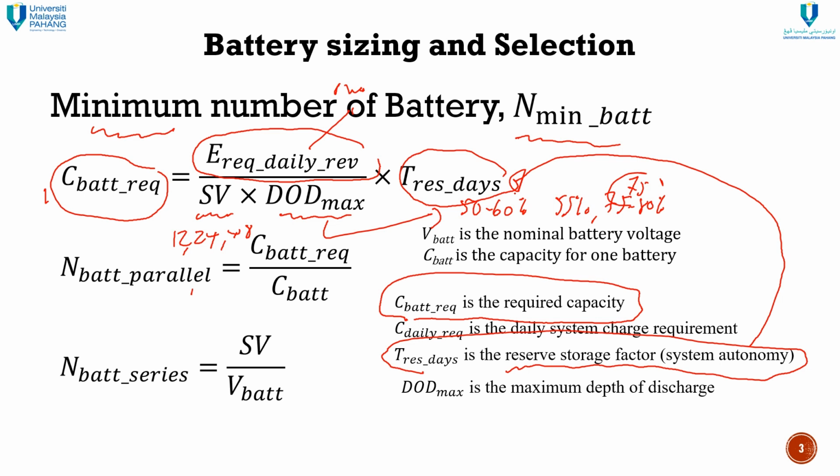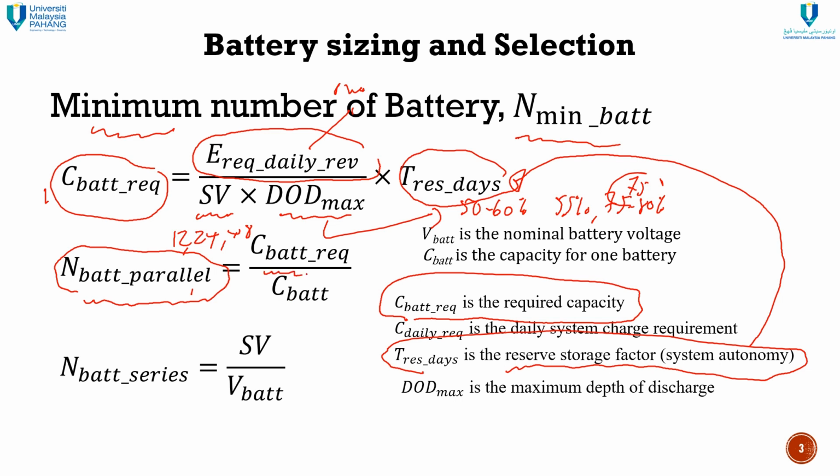Then N battery parallel means the number of batteries in parallel. Parallel is about the charge, the total storage capacity. To get more capacity, we need to parallel our batteries.